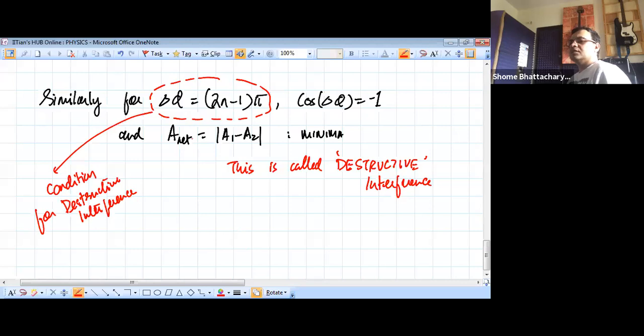Of course, here n is plus minus 1, plus minus 2, in fact starting from 0, n can be 0 also. So the definition here becomes that the interfering waves are perfectly out of phase.